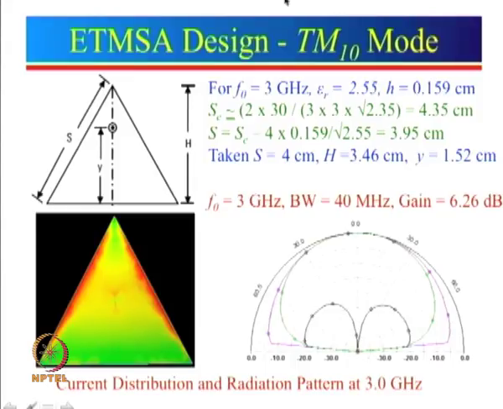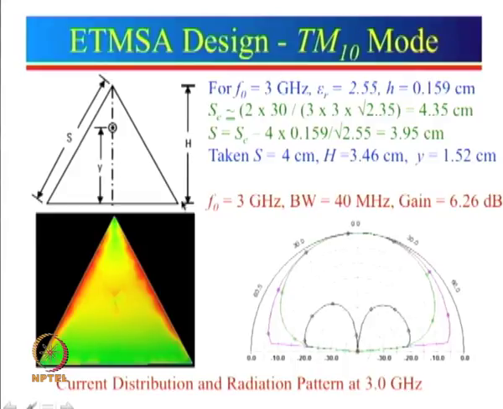Now similar to ETMSA, just to tell you, which is in angle terms, we define 60 degree, 60 degree, 60 degree angle. Half of that is also there, which is the 30, 60, 90 degree triangle. The resonance frequency of that is also very similar to ETMSA, but that also has a problem of higher cross polar.